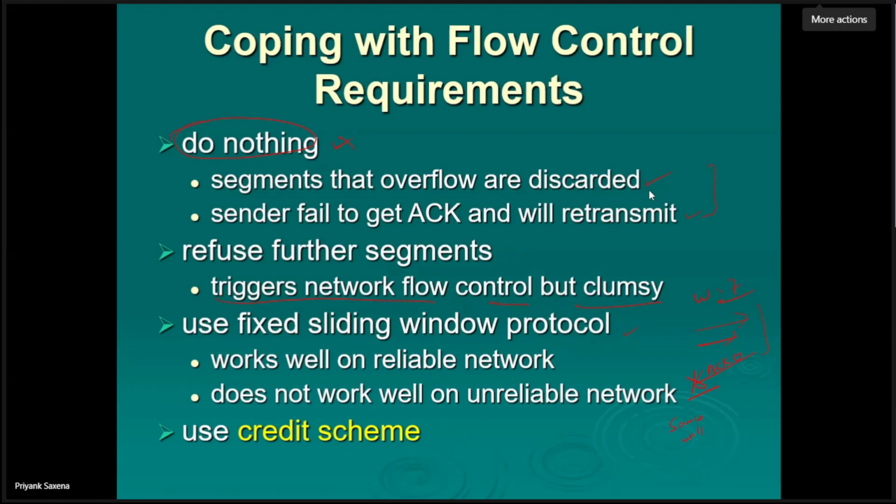So as far as we are concerned about a reliable network, if the acknowledgement is not received by the source, there can be two things. Either it is held by the receiver, because the receiver buffer is overflowing, so the receiver has held the acknowledgement.